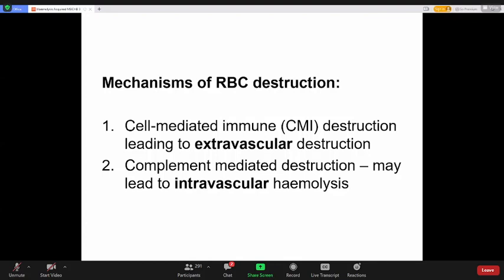We call that cell-mediated destruction of the red cells.